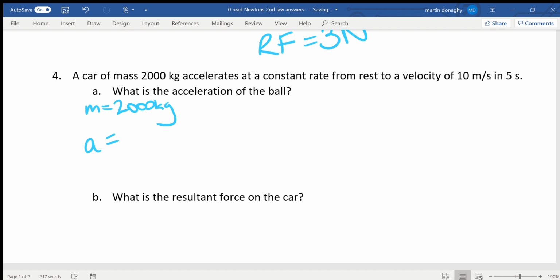Acceleration just means how much the speed increases by each second. So if it went from 0 to 10 meters per second in 5 seconds, that means it increased by 10 across 5 seconds. So each second it must have increased by 2 meters per second squared.